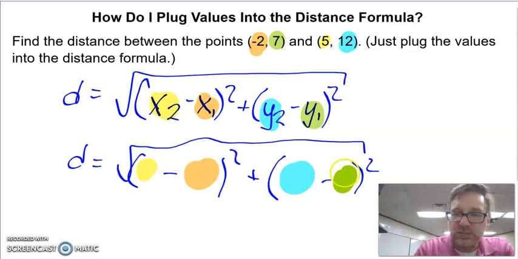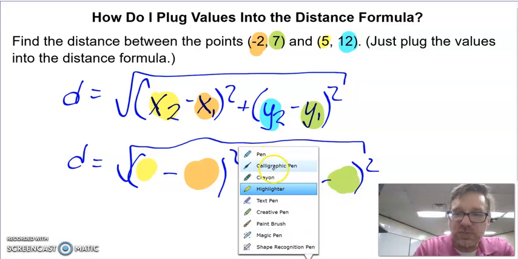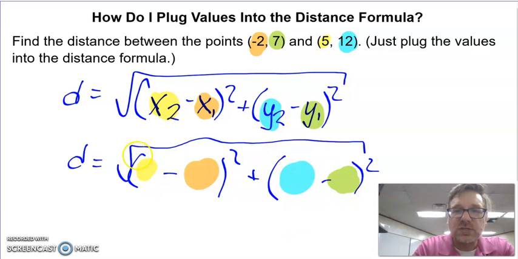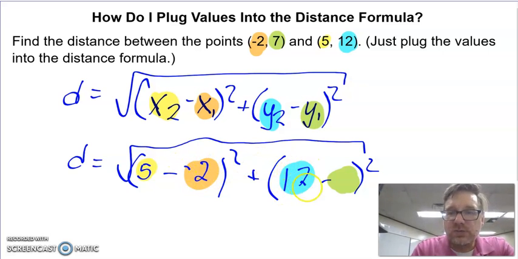Blue minus green. So now it just becomes a matter of plugging into my colors. So the yellow color right there is 5. Minus the orange color, minus -2. And then I'm going to do 12 minus 7.